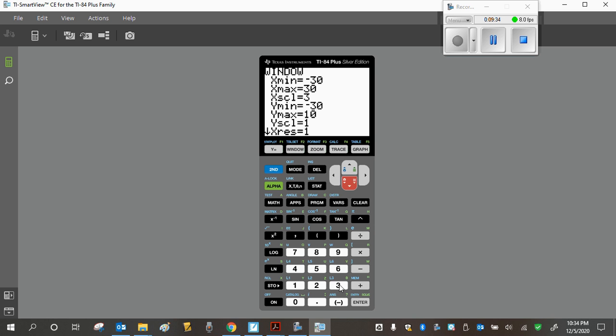Same thing for the y's. Leave the 1 as x res, and then press graph. Okay, so now I can see my x and y intercept, and again, just to confirm, my y-intercept is negative 25. There you go.